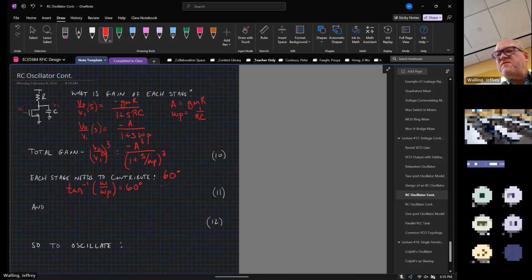All right, we can solve this. Omega naught is equal to the square root of 3 times omega_p. And we know that the amplitude condition needs to equal 1, so we can say that the magnitude of the amplitude condition has to equal 1, and ultimately we can solve and show that that means that A has to equal 2.